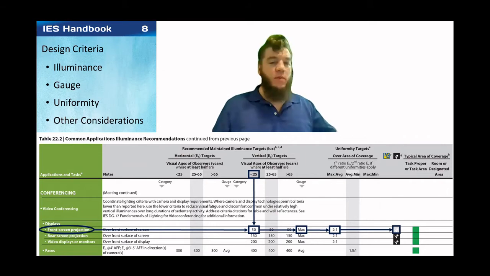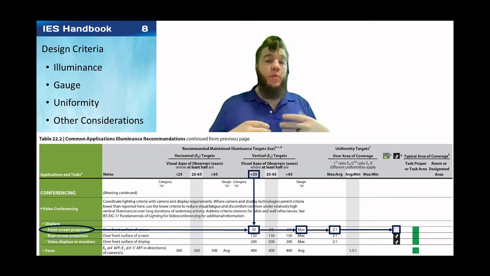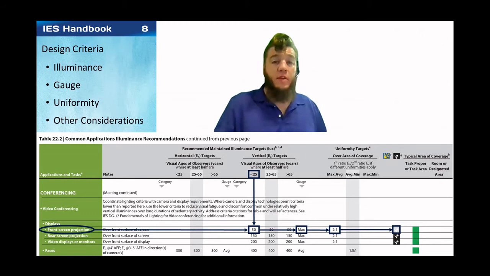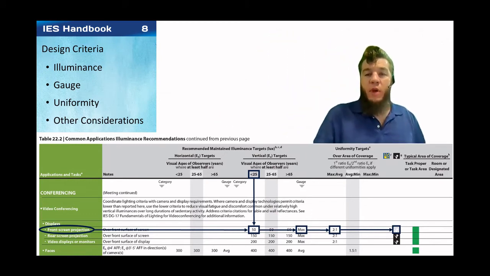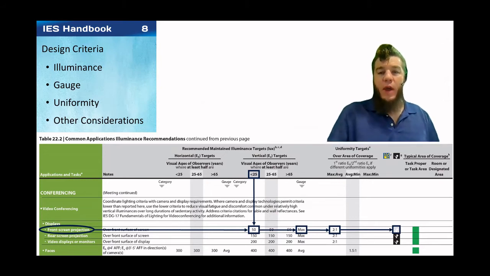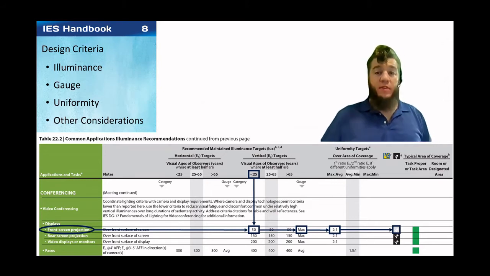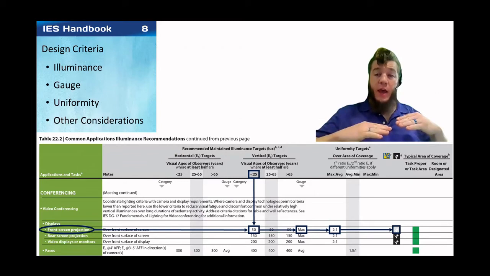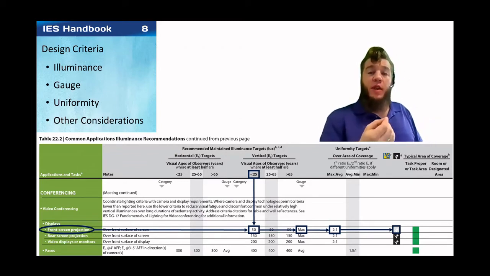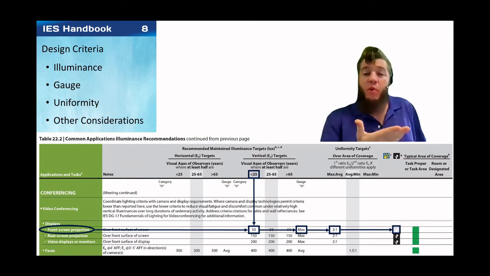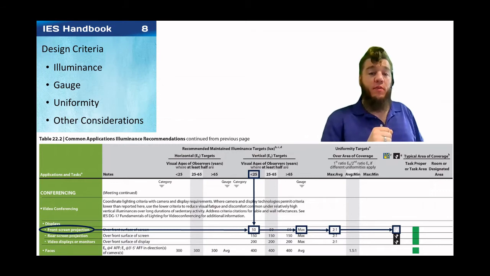And for all of you, as you're becoming more nuanced in your lighting design practice, I think it becomes more and more important to look at aspects all the way on the right side of these tables, like I have below me. That's going to provide an additional set of recommendations, aspects that are important and worthwhile to be considered for your specific visual task.